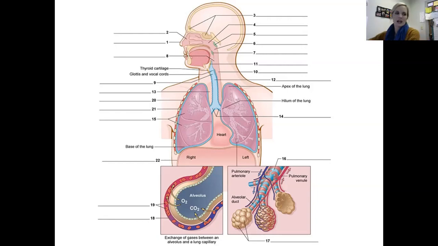I stress that because pharynx and larynx are often misspelled, since we commonly want to say "nix," like N-Y-X. I wish I had a marker so I could spell that here for you. No worries, but that's how we would see it, as pharynx.